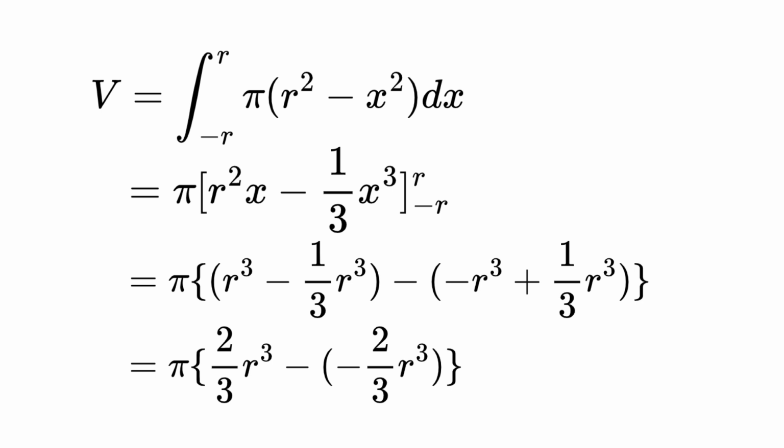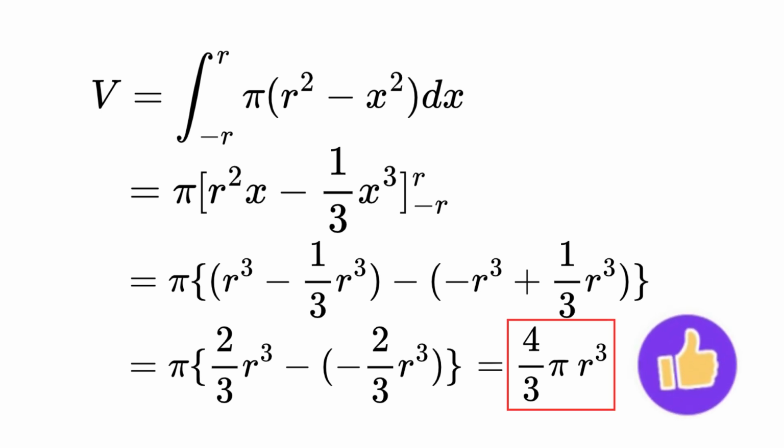Simplify once more and we get V equals 4/3 pi r cubed. And we're done. That's the formula for the volume of a sphere. The 4/3 shows up clearly and proudly right here. Using integration, we can explain the formula very precisely. Did this explanation make sense to you? For people who don't know integration, another type of explanation is often used.